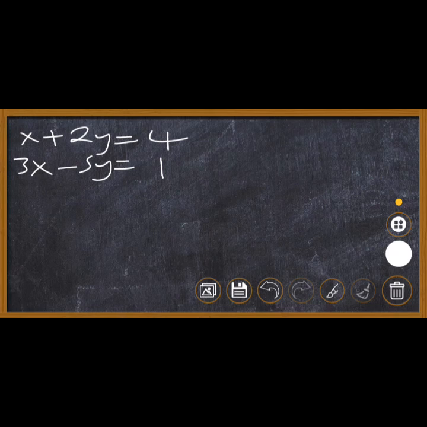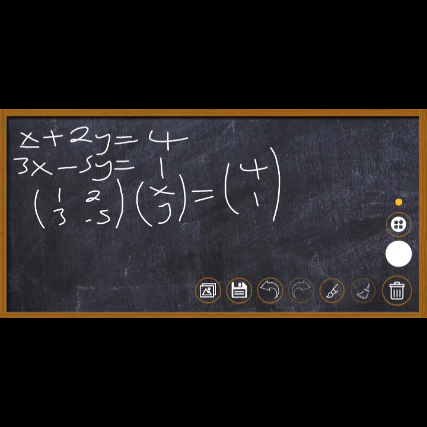The first thing is expressing this in matrix form. So this is the same as 1, 3, 2, negative 5. Rather, this is 2, negative 5. And then here you write x, y, equal to the answers we have, that is 4 and 1.